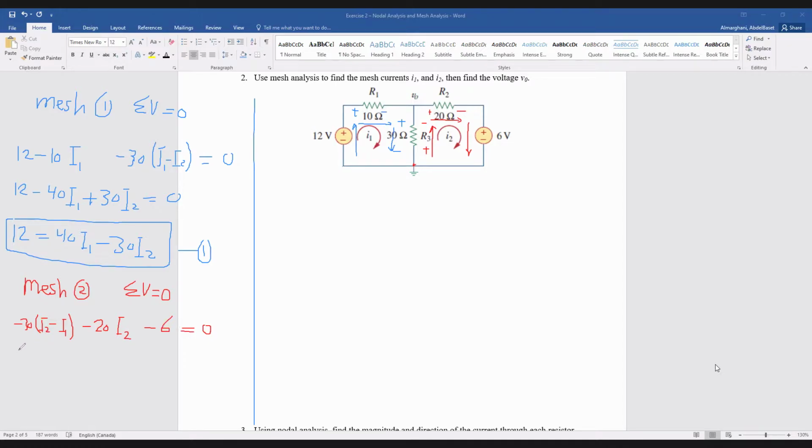So simplifying this one, minus 50 I2 and plus 30 I1 minus 6 equals to 0. So I'm going to rearrange this equation, move the 6 to the other side. So it's going to be 6 equal to 30 I1 minus 50 I2. This is the second equation.